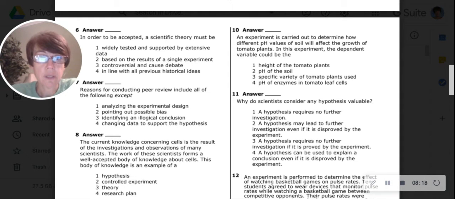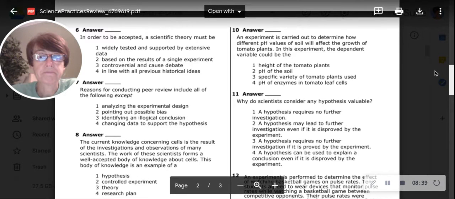Yes, they do. All right. Do our peers point out possible bias? Yes, they do. Do the peers that take a look at our experiment identify an illogical conclusion? Yes, they do. Do they change the data to support the hypothesis? No, they don't. So that would be the exception. So number 4.